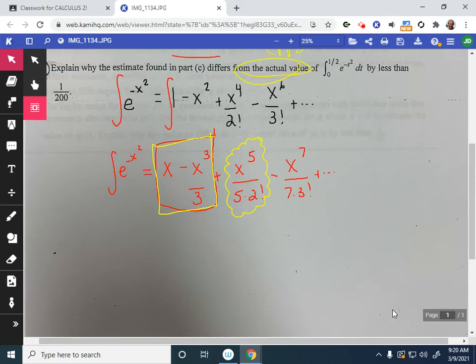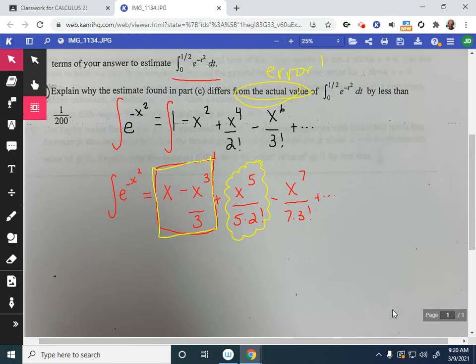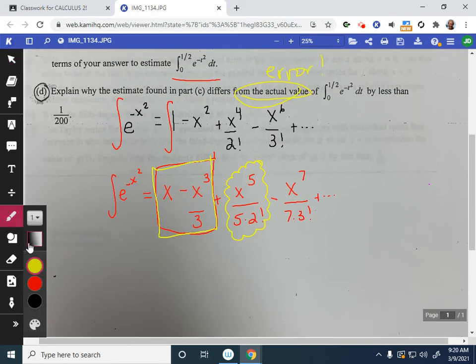I just need to use the next term in the series. So I'm going to evaluate this term at, oh, at 1/2. Got it.